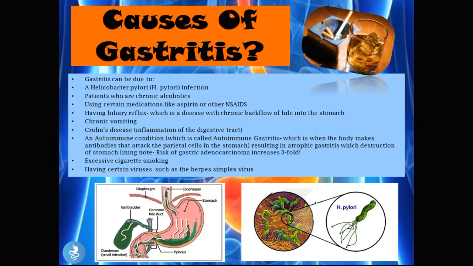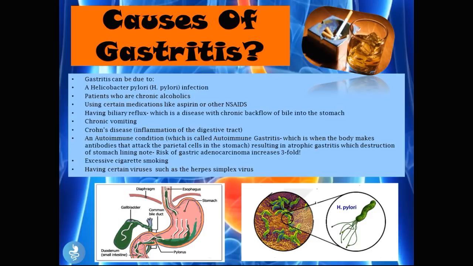So what are the causes of gastritis? Gastritis can be due to a Helicobacter pylori or H. pylori infection, patients who are chronic alcoholics, using certain medications like aspirin or other NSAIDs, having biliary reflux, which is a disease with chronic backflow of bile into the stomach, chronic vomiting, having Crohn's disease, which is inflammation of the digestive tract at various points, having an autoimmune condition called autoimmune gastritis, which is when the body makes antibodies that attack the parietal cells in the stomach.